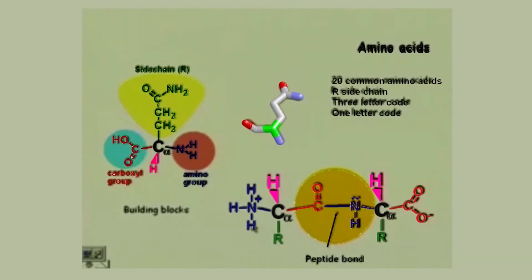The representation on the left is not a zwitterionic representation, because the proton of the carboxylic group is still attached and this is the NH2 group. In actual form, it would remain as NH3 plus and COO minus.